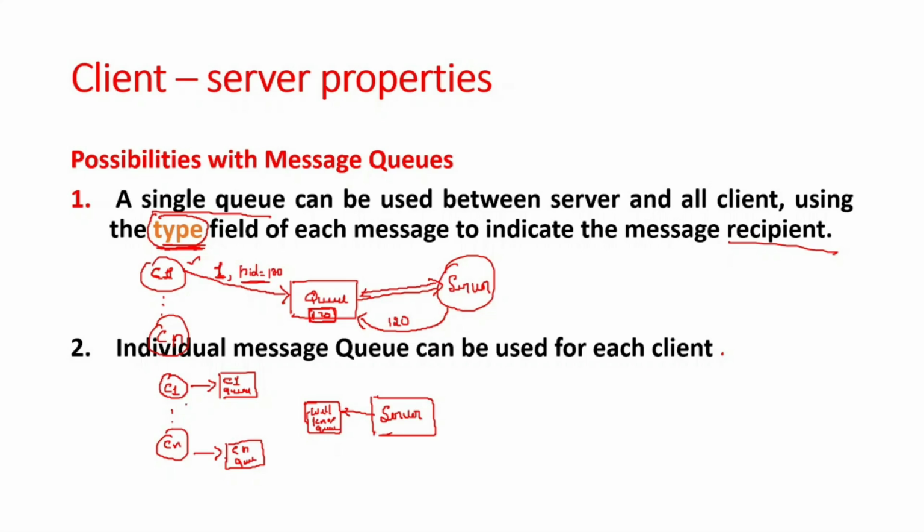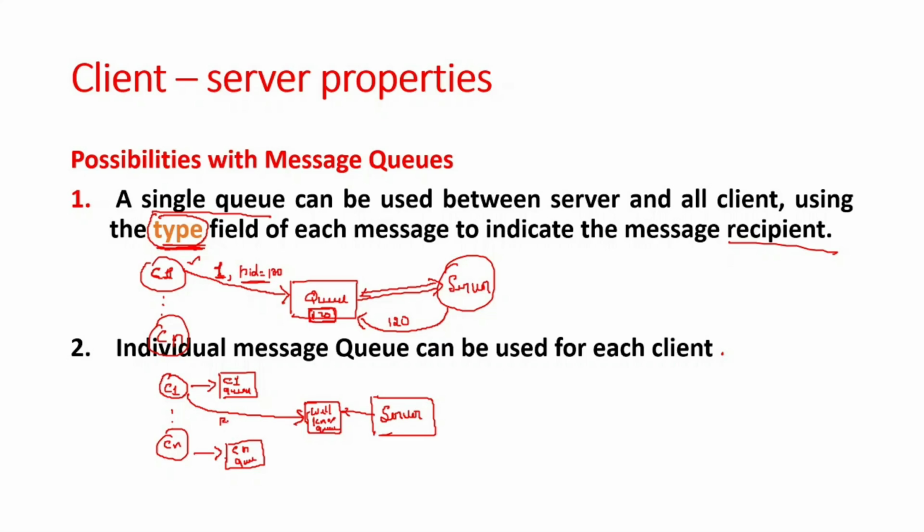Now let us understand how exactly the client will send a request to the server. Obviously, the client's individual queue is not known to the server, but the server's queue is known to all the clients. The client will send a request to the server through the well-known queue.